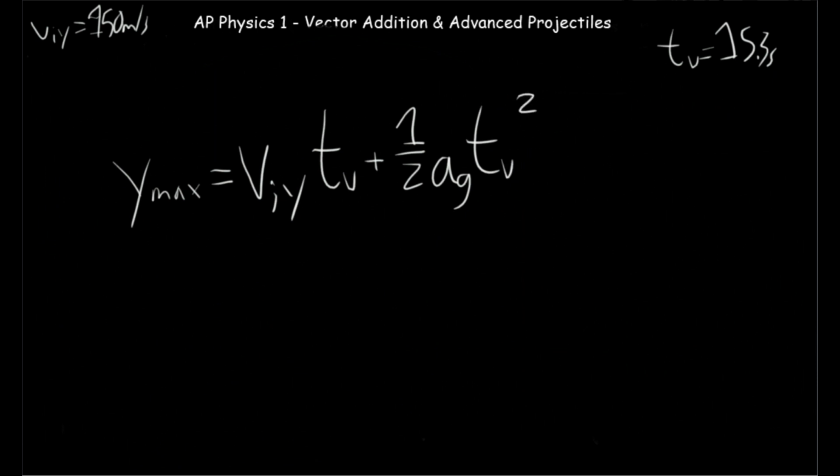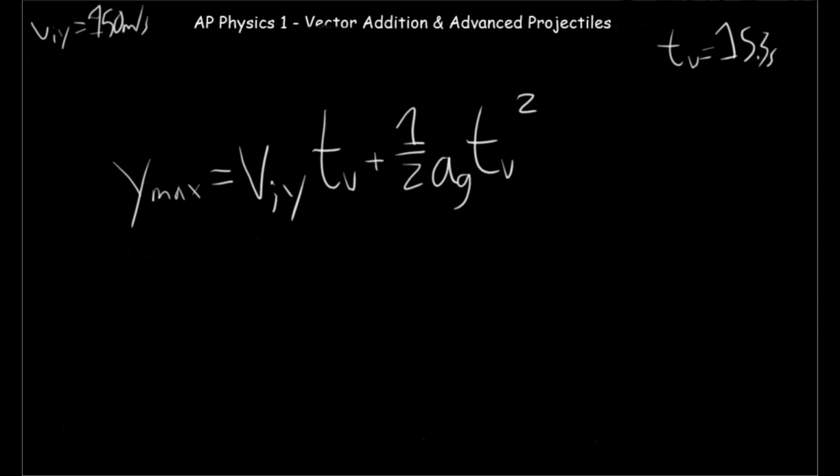And before you tell me that these variables look very confusing, they're really not. What these little subscripts are telling you is what kind of velocity it is, what kind of time it is, what kind of acceleration, and what kind of displacement. Yeah? This is the y max. This is the initial velocity in the y direction, the time up, and the acceleration due to gravity.